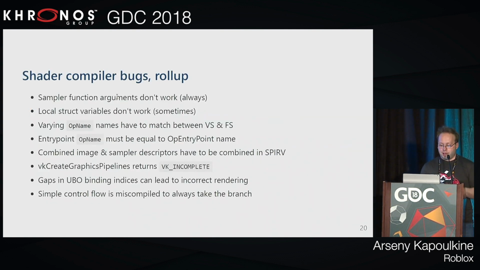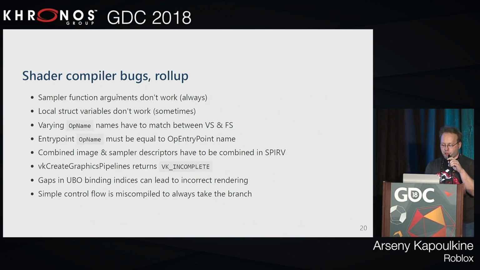All right, now the quick fun part. We have hit a bunch of bugs in both the shader compiler on the driver side and the actual Vulkan driver. They are listed here. Some of these are interesting.